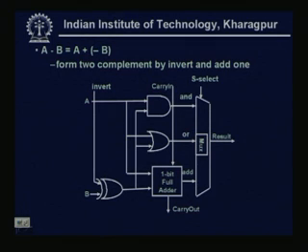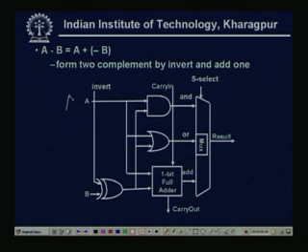So, for the subtraction, if it is the arithmetic unit, then we can do this using a 1-bit full adder. So, these are my two inputs A and B. Say A comes as it is to the input of the full adder, but here B is inverted.